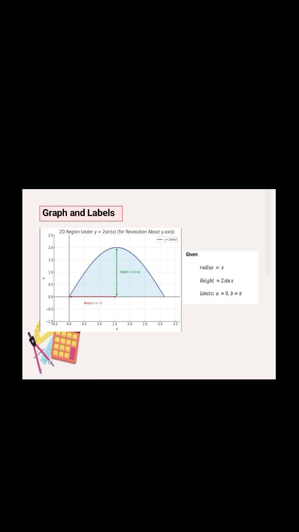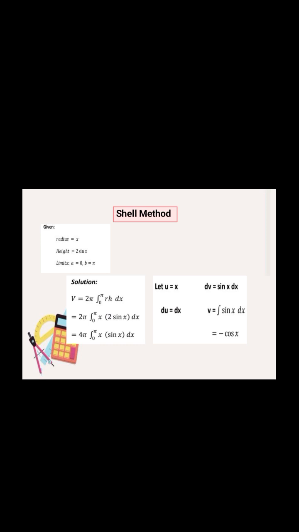The height of the shell is given by the value of the function at that x, which is 2 sine x. So the limits of integration are from x equals 0 to x equals pi. So the volume becomes V equals 2 pi integral of x times 2 sine x evaluated from 0 to pi.